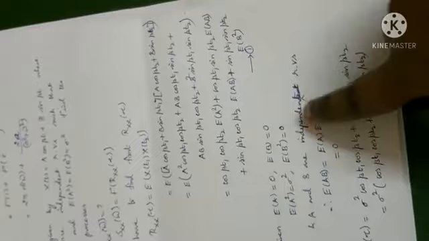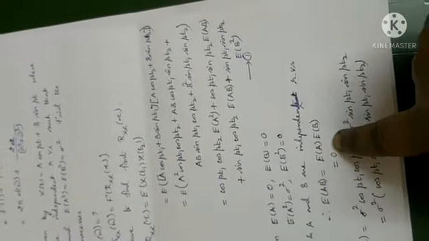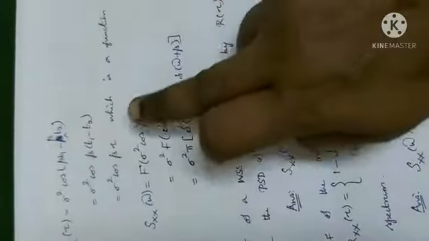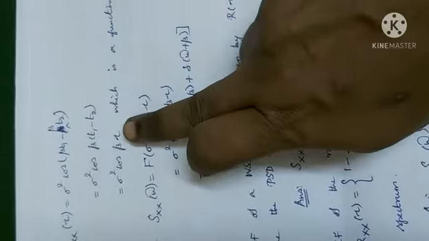A and B are independent, given. So E of AB becomes 0. So these two terms will become 0 and these two become sigma square, which will become cos A cos B plus sin A sin B, cos of A minus B. A minus B can be written as tau, right? Beta tau, which is a function of tau or a function of t1 minus t2.